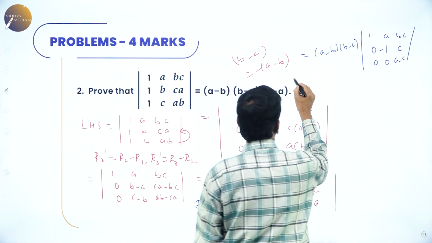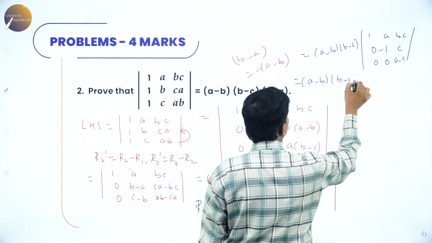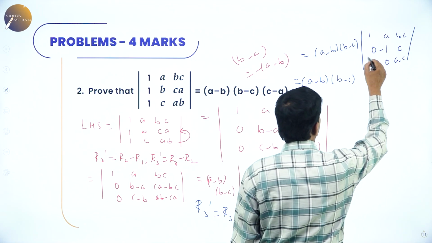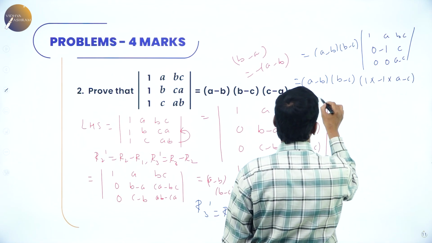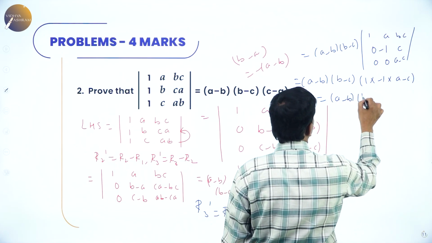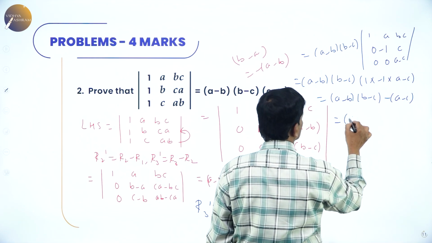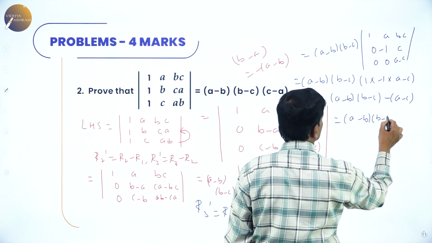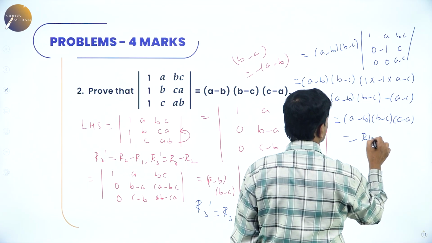Since all the elements on one side of the principal diagonal are 0, this is a minus b into b minus c into, just multiply 1 into minus 1 into a minus c. This is a minus b, b minus c, and minus of a minus c can be written as c minus a, which is the required answer.